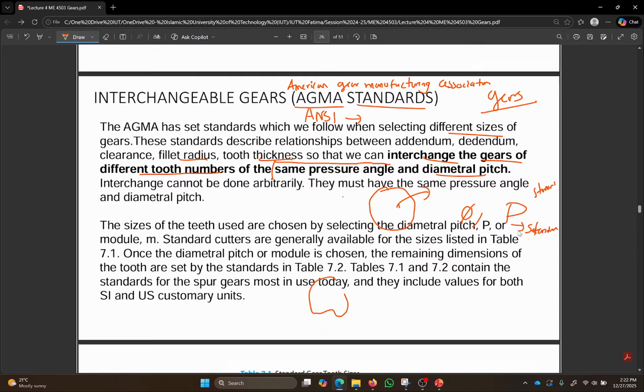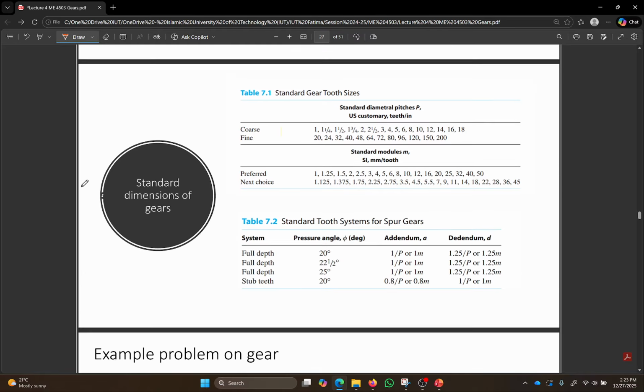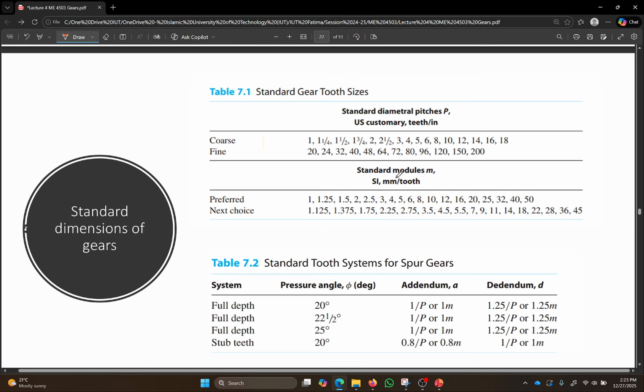Okay, standard gears. The sizes of teeth used are chosen by selecting the diametral pitch P or the module M. There are two lists given here, again from your Shigley chapter 5 book. This one is table 7.1. These give you tooth sizes, or diametral pitches, in US customary FPS units, basically the tooth size per inch.